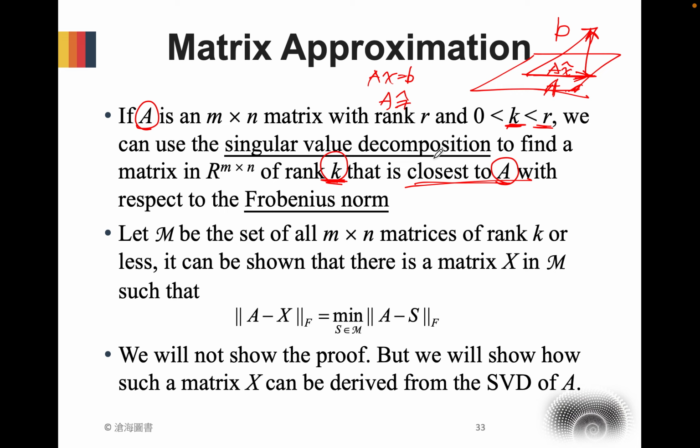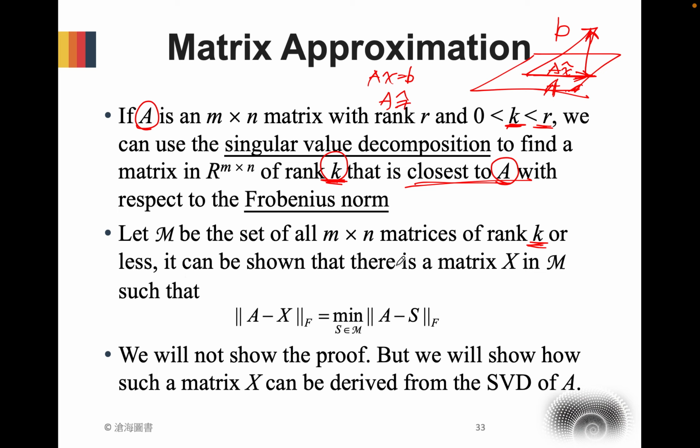Okay, so the idea is quite interesting. Let M be the set of all n by n matrices of rank k, because we may have infinite numbers of choices of the n by n matrix. They are all of rank k.